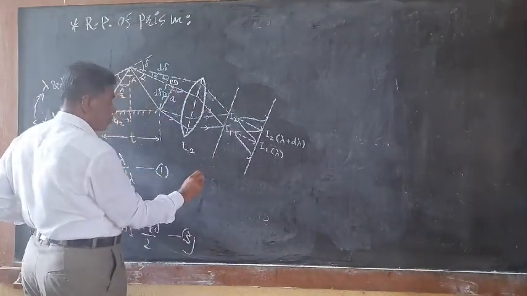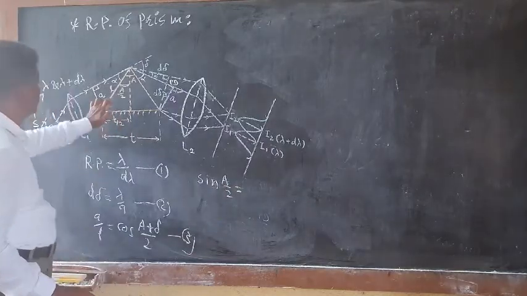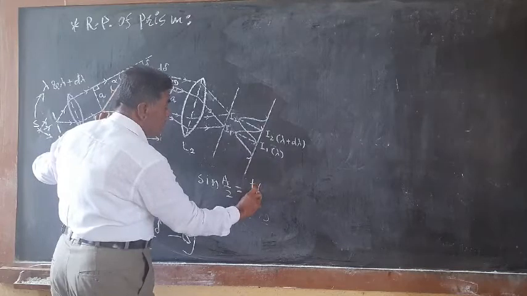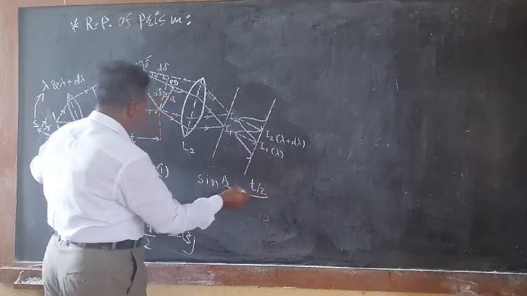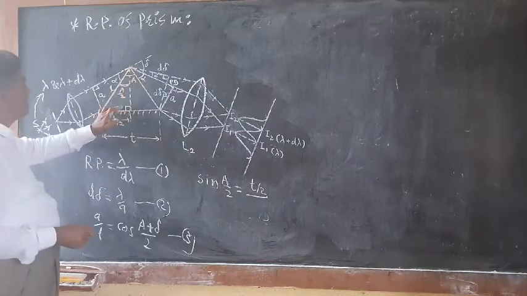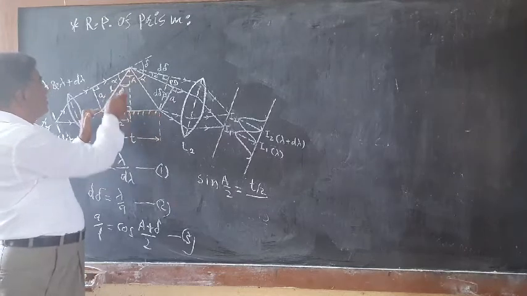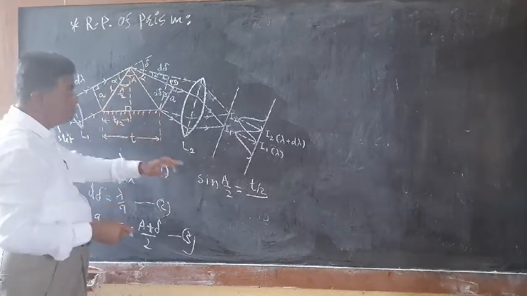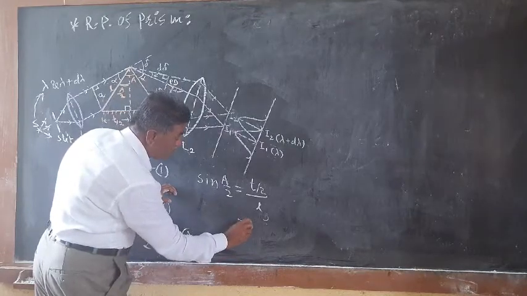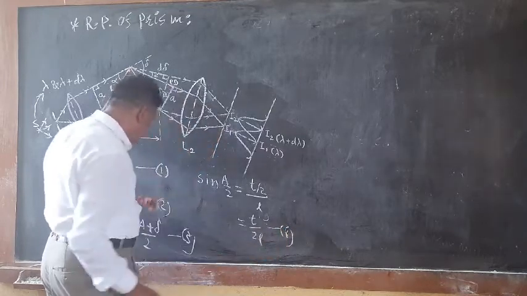Again from this figure, considering the right angle triangle, sin A by 2 is equal to the front side t by 2 divided by the hypotenuse L. Here t is the base of the prism; the normal drawn divides it into 2. So sin A by 2 is equal to t by 2 divided by L, that is t divided by 2L, and this is equation number 4. So we are getting these equations 1, 2, 3, 4.